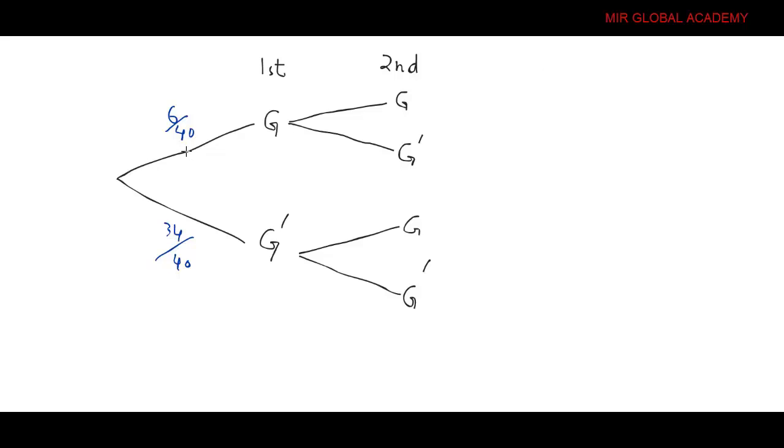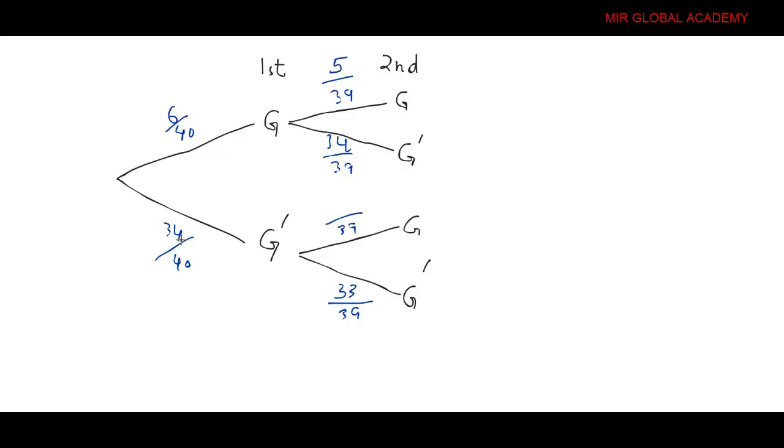Once you have picked 1 in the first case, there will be 39 left. Now I have written 39, the total number of students left, in the denominator. Once you have picked the first student from the group over 16, they are left with 5 now. So if it is 5 out of 39, it will obviously be 34 out of 39.